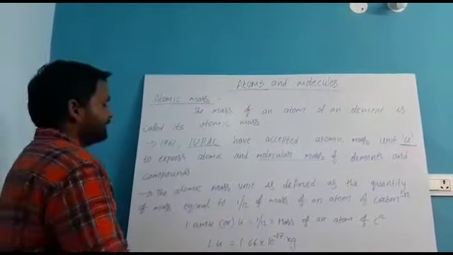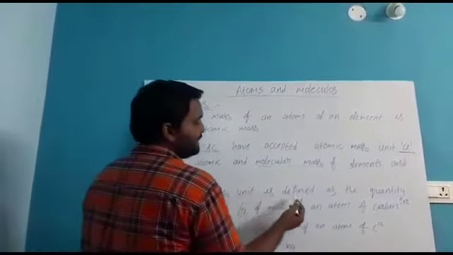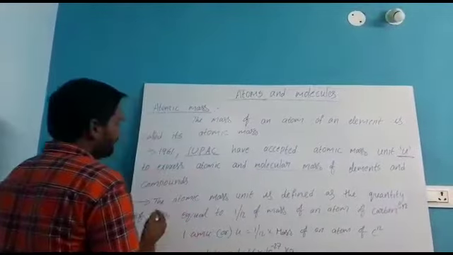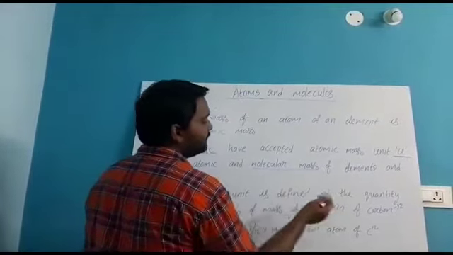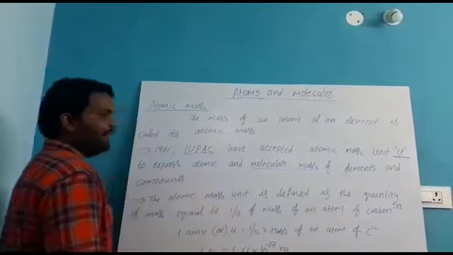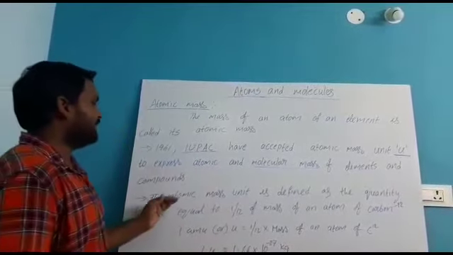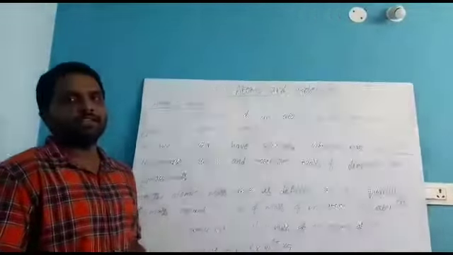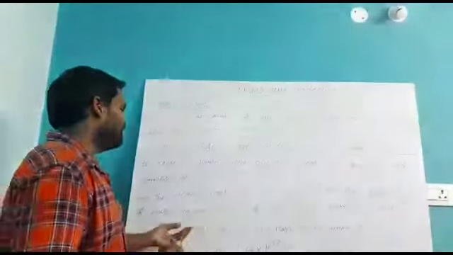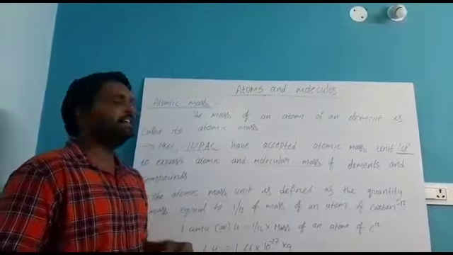The atomic mass unit is defined as the quantity of mass equal to 1/12 of the mass of an atom of carbon-12. Any element's atomic mass we have to compare with 1/12 of the mass of a carbon atom.